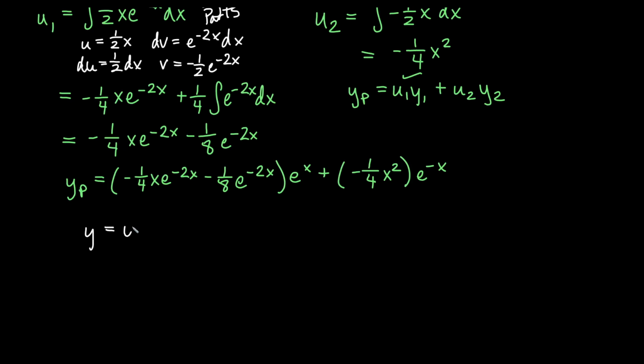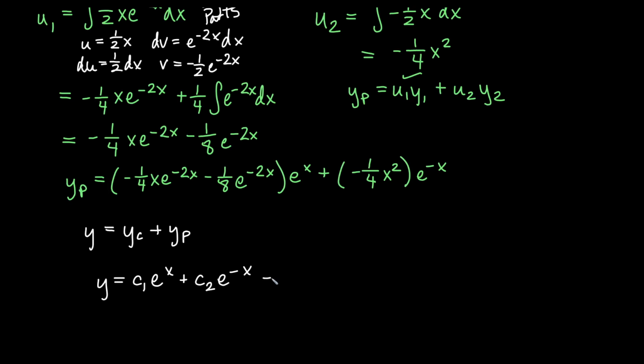So remember, y is going to equal y sub c plus y sub p. And our yc, remember, was c1 e to the x plus c2 e to the negative x. Our yp here, so we're going to be multiplying these exponentials into this.